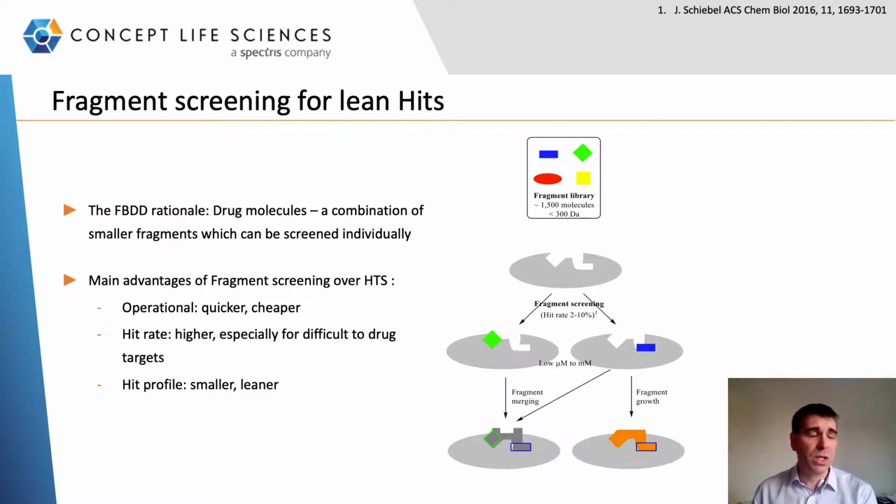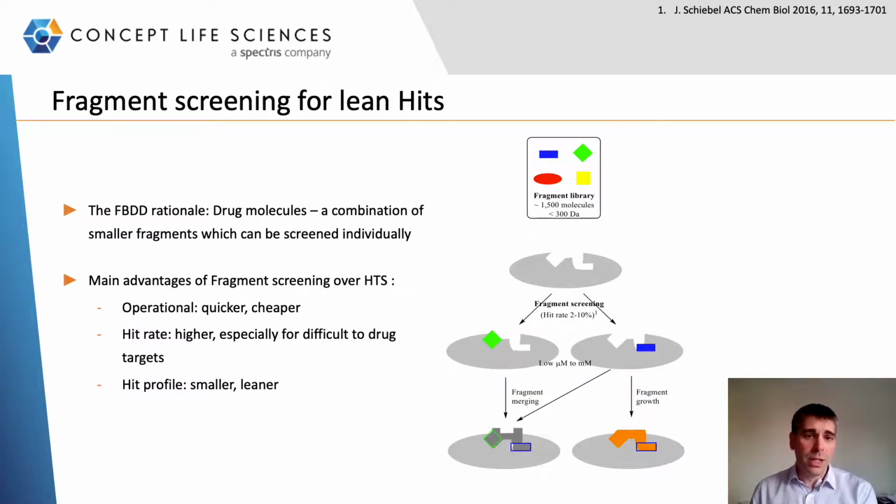But aside from the size, there are a range of advantages in using fragment screening over high-throughput screening. First of all, operationally, it is significantly quicker and cheaper to run a fragment screening campaign.